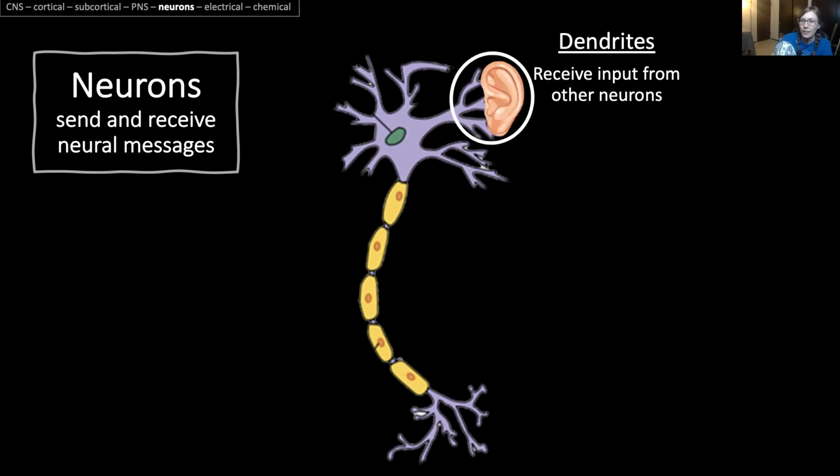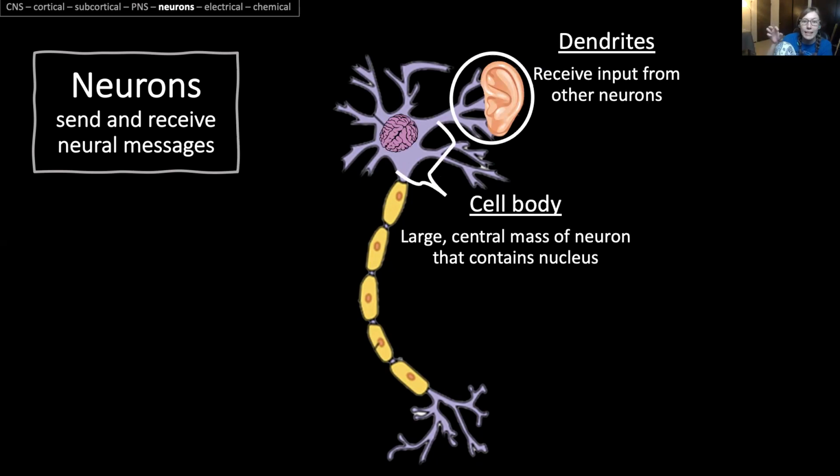This top part here, these branch-like purple structures that are not actually purple, just for the diagram, are what we call dendrites. So they're kind of like the neuron's ears. They're going to receive input, they're going to hear information from other neurons that the cell needs to communicate with. So it's going to take in input, it's going to hear information.